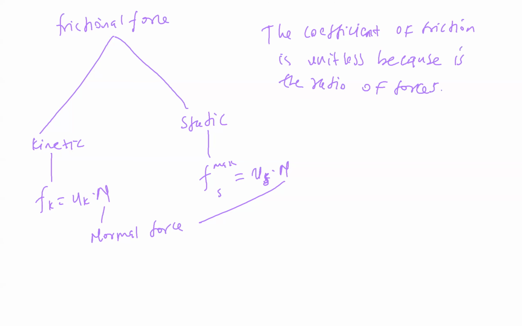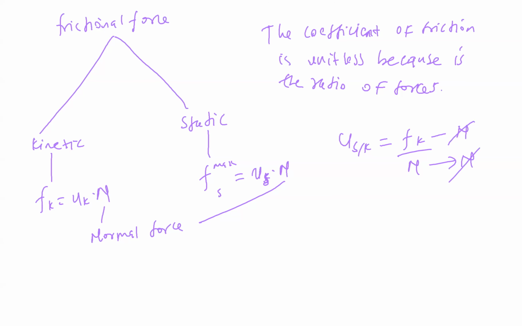So we are saying that this mu s or mu k is equal to Fk, or F, over normal. This is newtons, this is newtons, so newtons will cancel out.